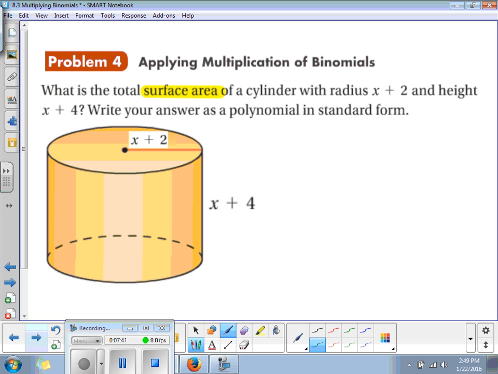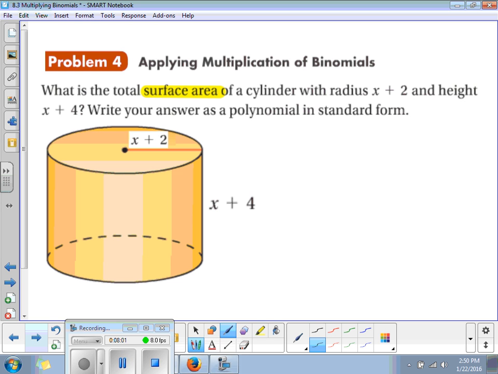Problem 4 is applying multiplication of binomials. Here we want to know what is the total surface area of a cylinder with a radius of x plus 2 and a height of x plus 4. We want to write our answer as a polynomial in standard form.